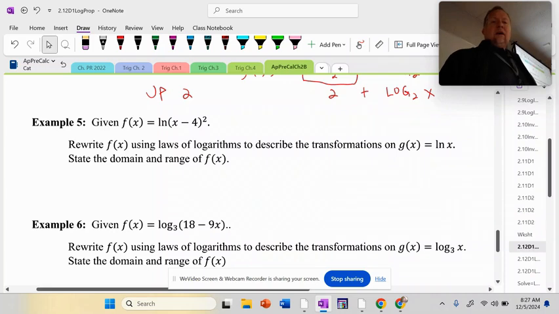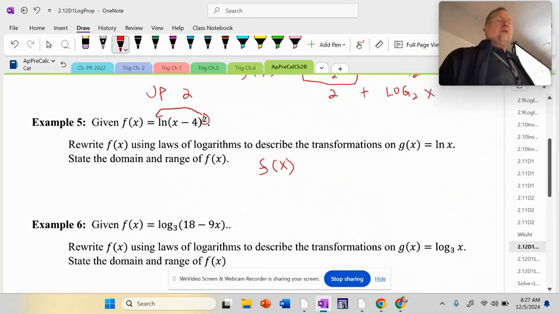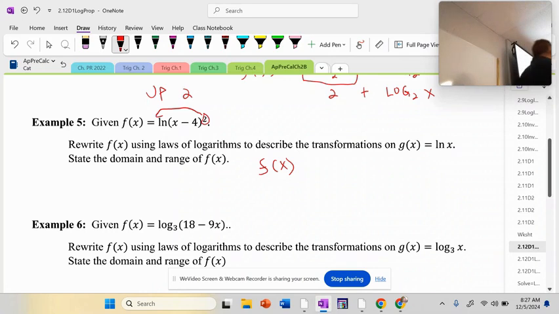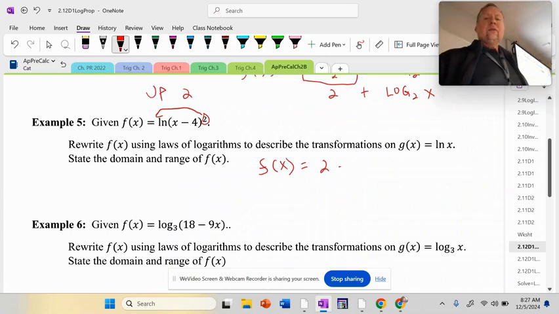Next one, f of x equals, well, we know what to do with this exponent. We know to pull it out in front. I can't call this dilation yet. I don't know what this is in terms of the original, right? But I know if this is squared in on that argument, then that's equivalent to, what is that now? 2 times ln of x minus 4.